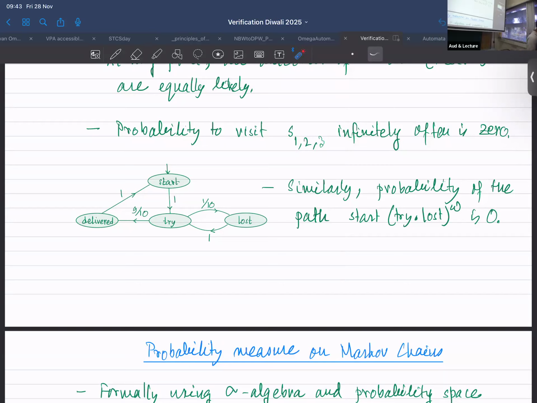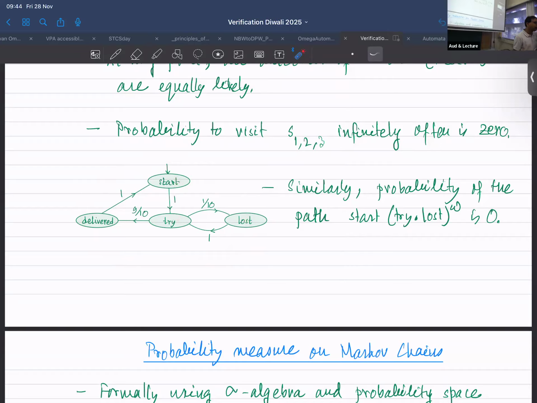So in fact, if you see this strongly connected component, there is no probability which is leaking outside, right? In fact, this is the whole Markov chain. So with probability one, every state will be visited infinitely often.